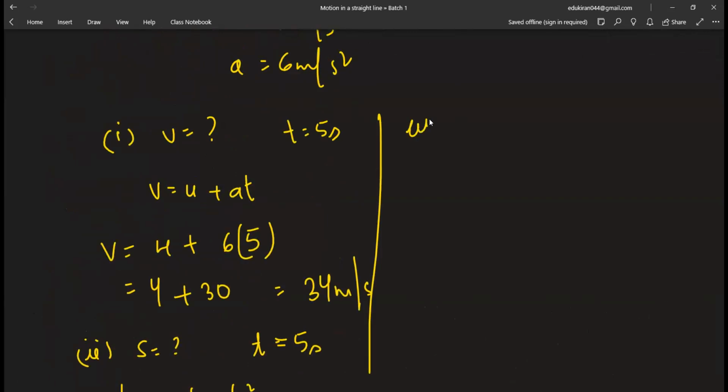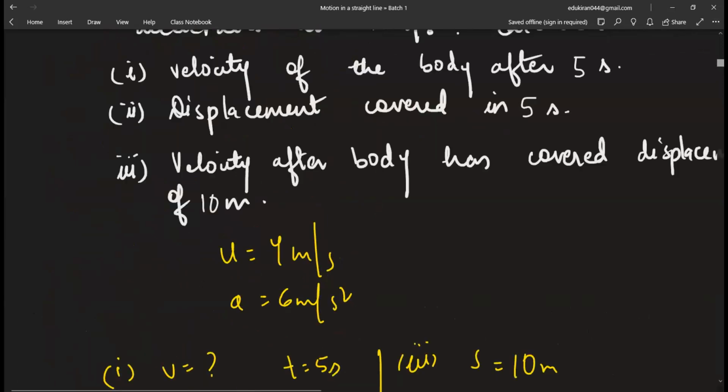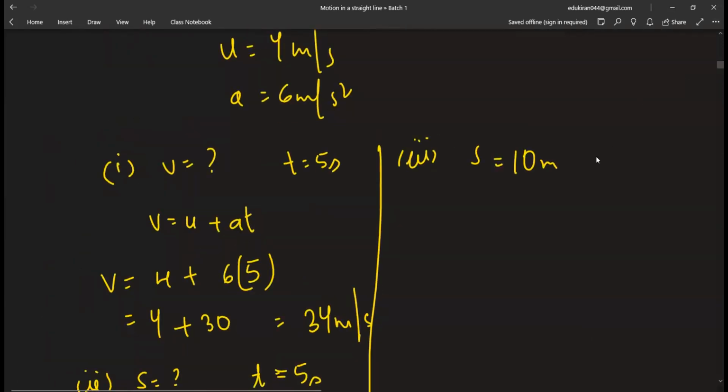And then we have the third part. In the third part, displacement is given as 10 meters. And what do we have to find? Velocity. So we can use the third equation, v square minus u square is equal to 2as.